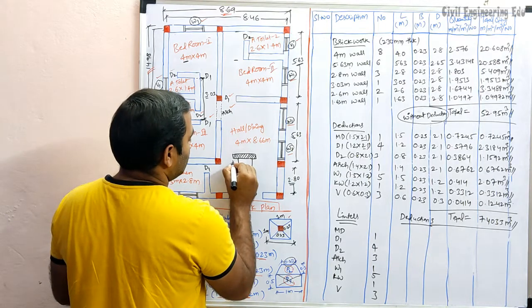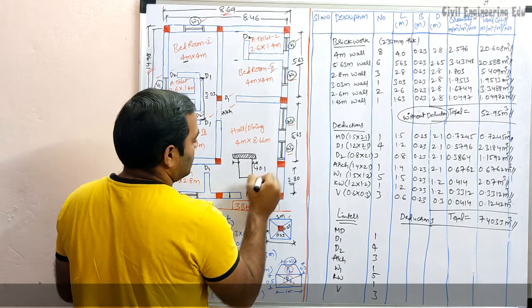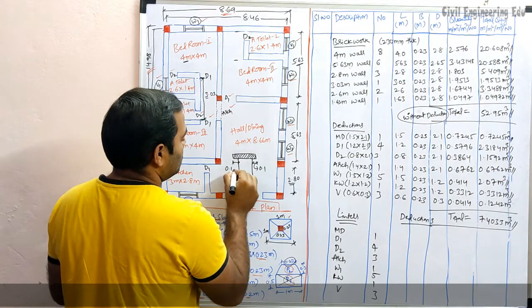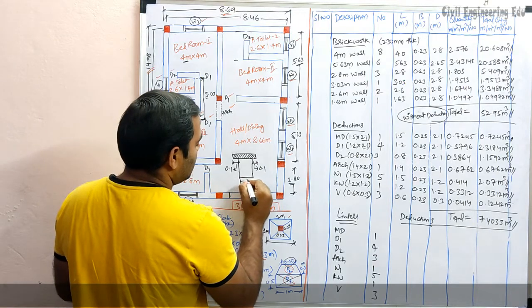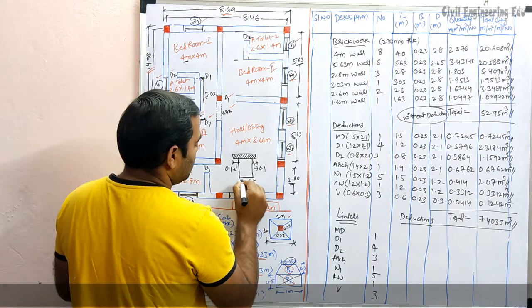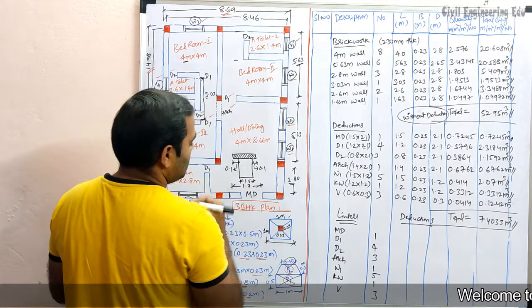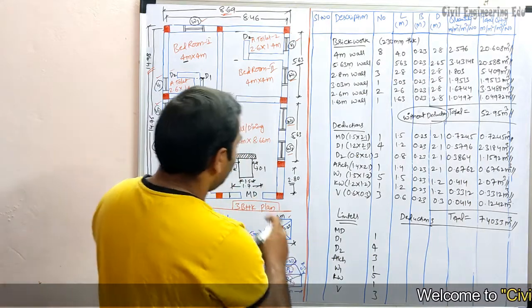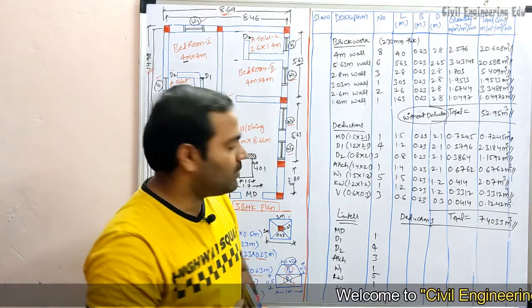So this side 0.1 and this side 0.1. So if this width is 1.5, then total length of lintel is 1.7. So 0.1 this side and 0.1 this side we have to add, that is for bearing purpose.